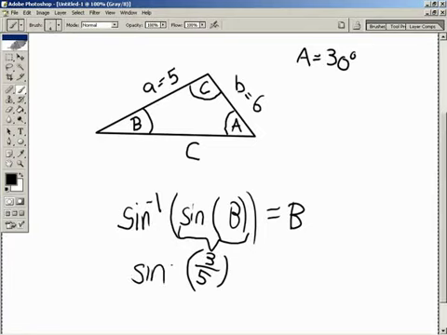So sine inverse of 3/5 equals B. And by sine inverse, I mean arcsine. So by plugging that into your calculator, as I'm doing now, you'll get something like 36.87 degrees.